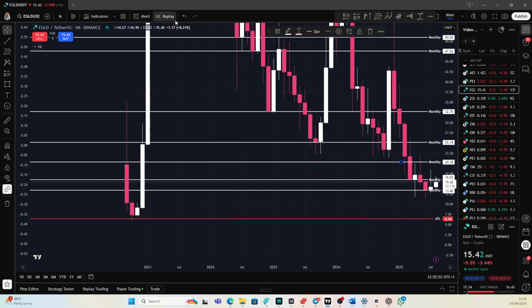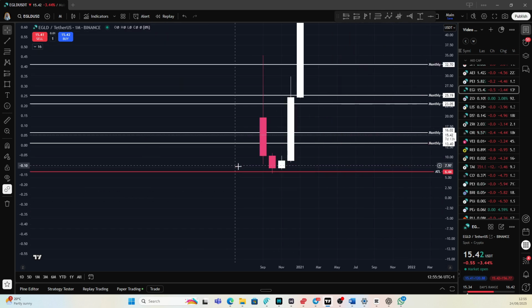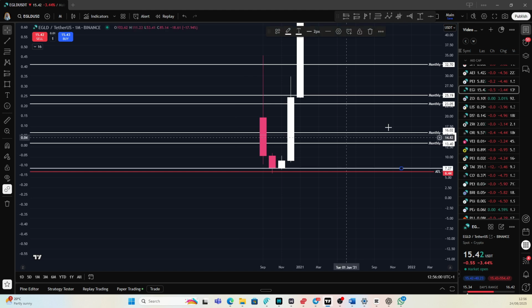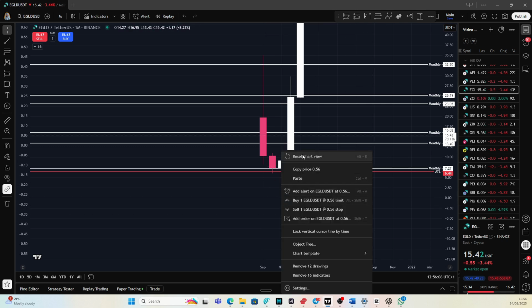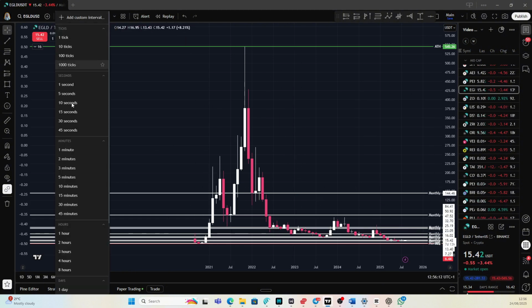I'll just put that back. Do we have any other? I think that one's quite interesting because that is the impulse there at 7. So I will also mark that out. Right, so I reset chart view, so we can see we've got a lot going on down here, not a lot going on further up.